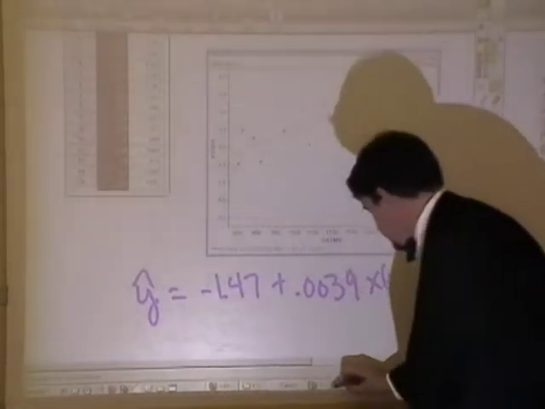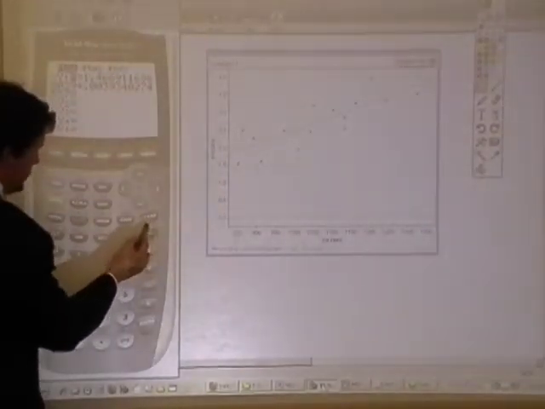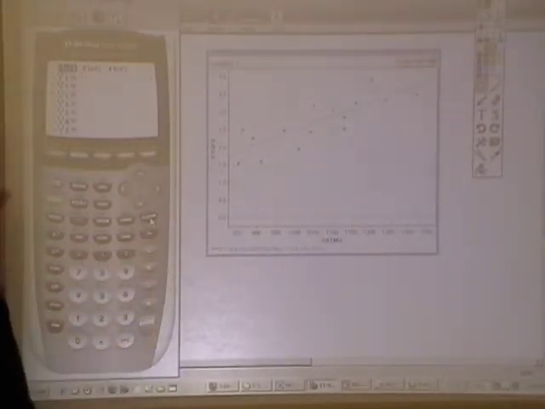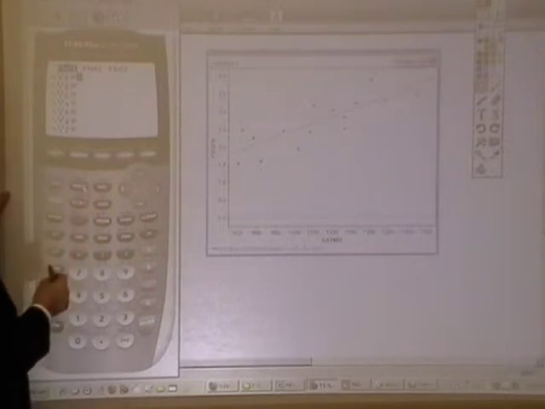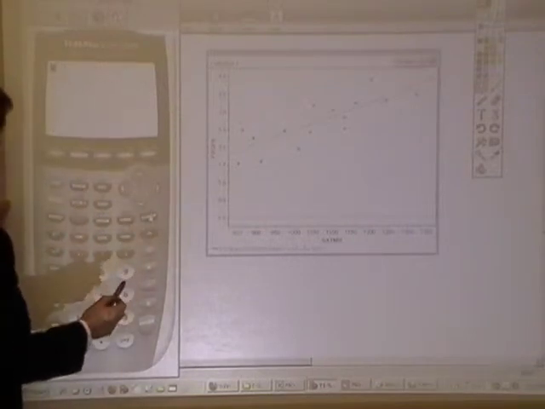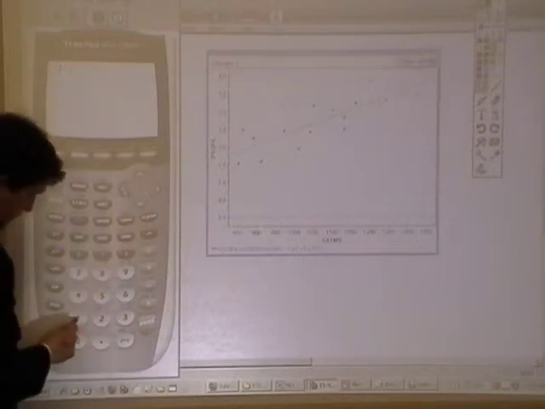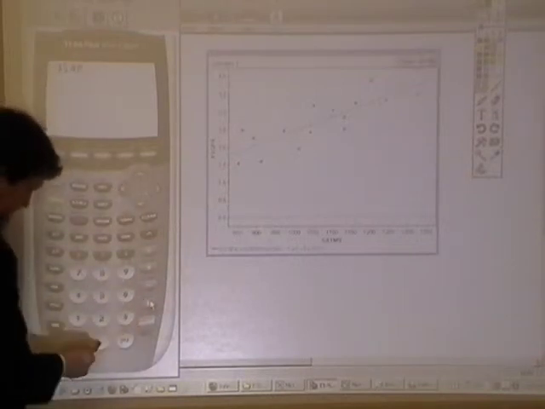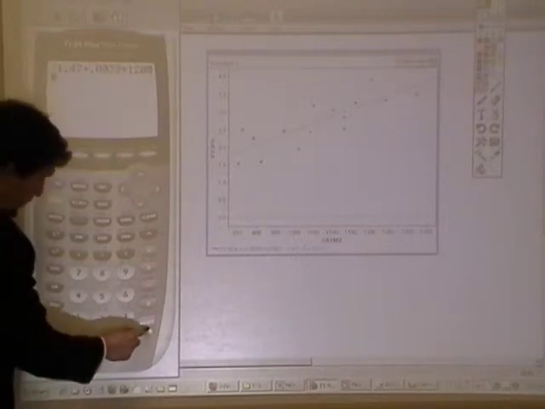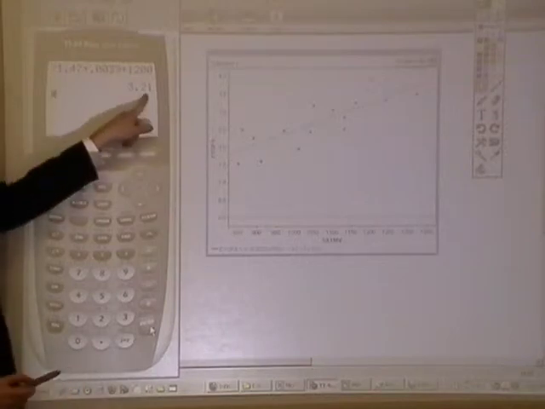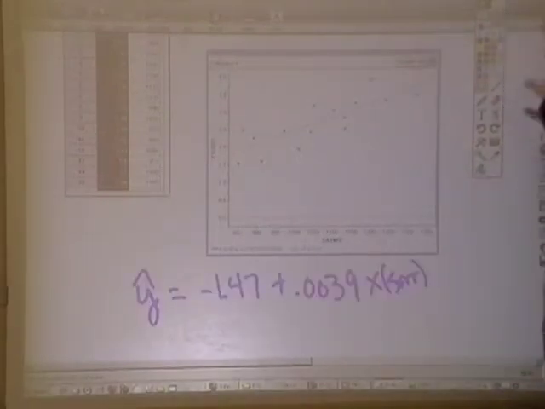All right, so what I'm going to do is negative 1.47 plus 0.0039 times 1200, equals 3.21.